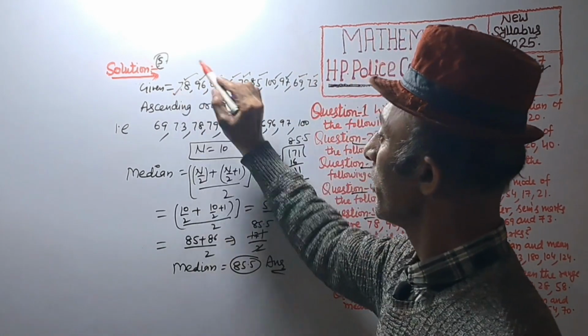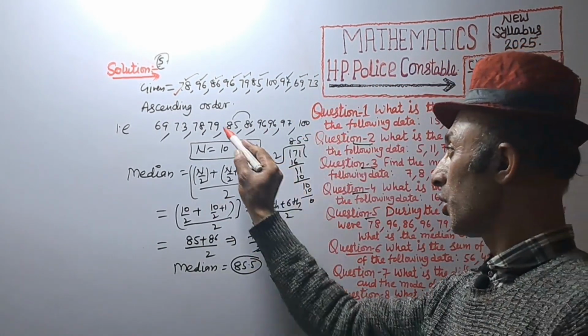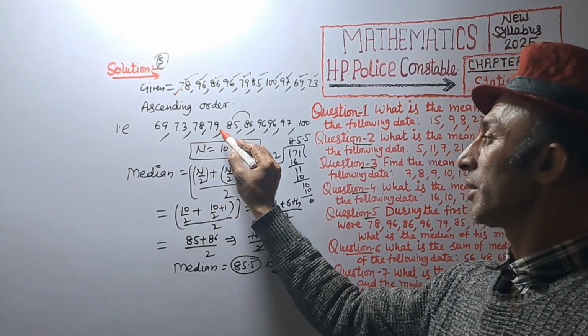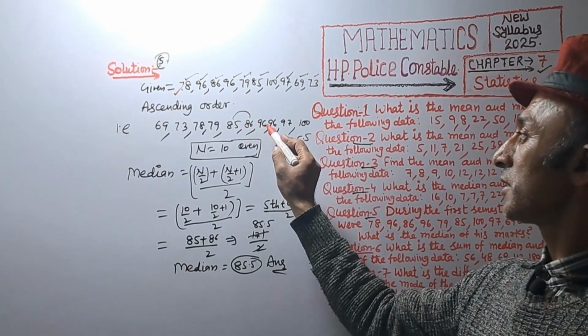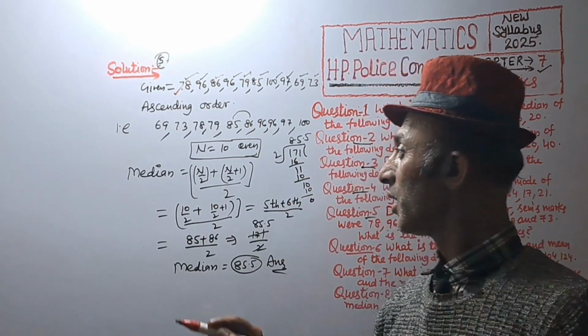Answer. Given data, and first of all we are arranging in ascending order, that is 69, 73, 78, 79, 85, 86, 96, 96, 97 and 100.